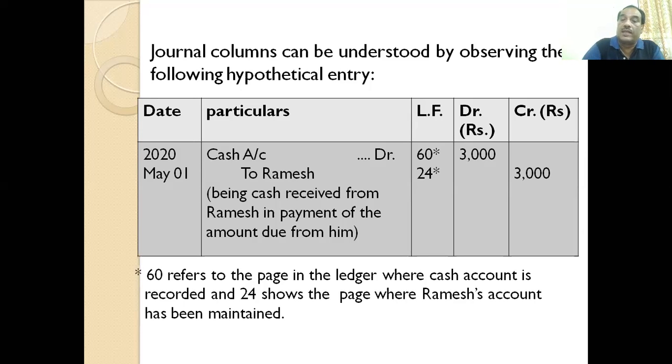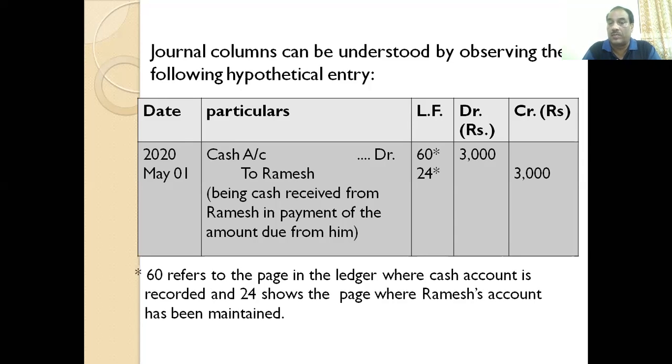So here we have written DR. The cash account is to be debited, and the Ramesh account, which is also a personal account, is to be credited. Why? It is important to understand why. Because the cash account of the organization has received the value, it is the receiver.